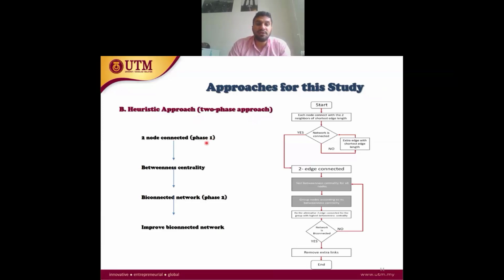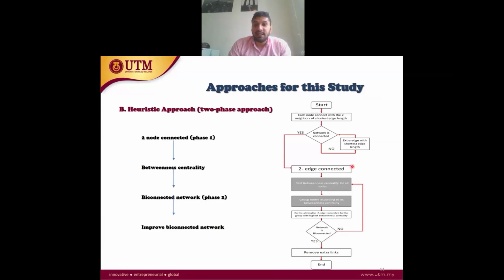This approach consists of two main phases. The first phase gives us two-edge-connected, and then from two-edge-connected, by using betweenness centrality for each node, we can get the bi-connected network.